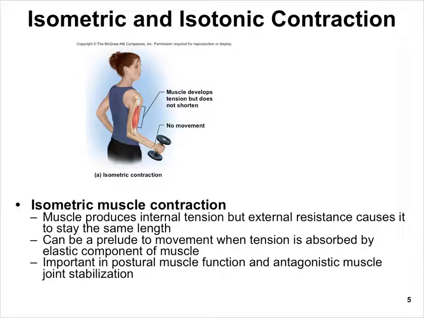So when your muscle is contracting, I'm going to say contracting in air quotes, even though you can't see them. I'll put a little air quotes around contraction up here, because we think of contraction as meaning shortening.